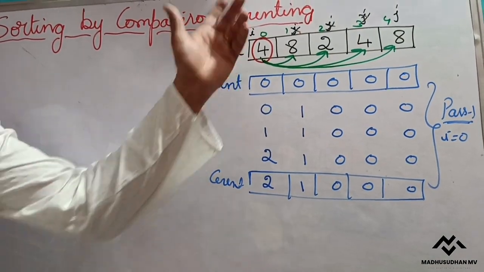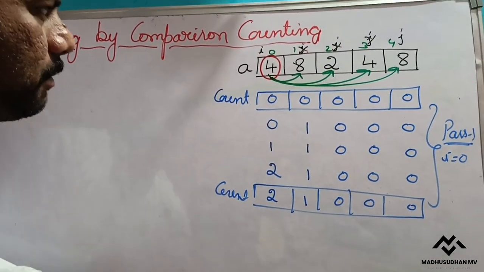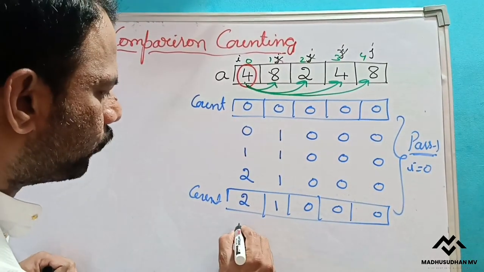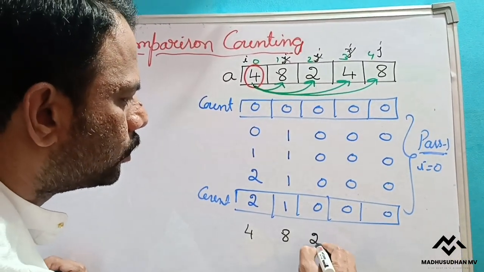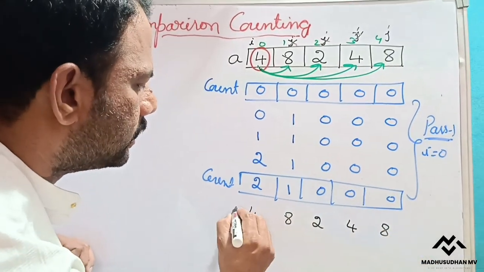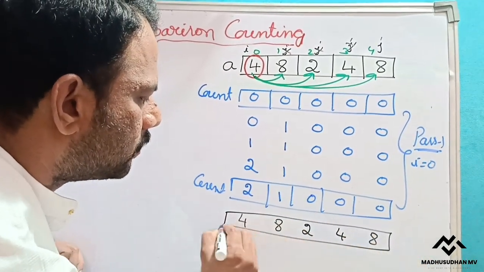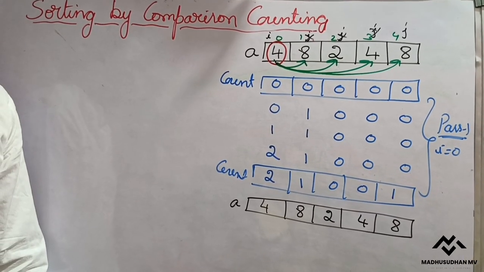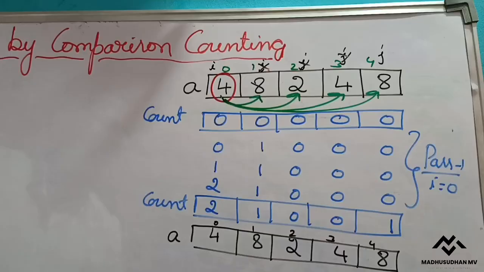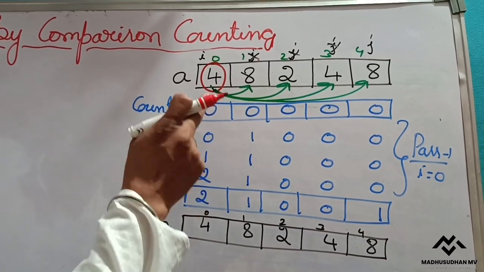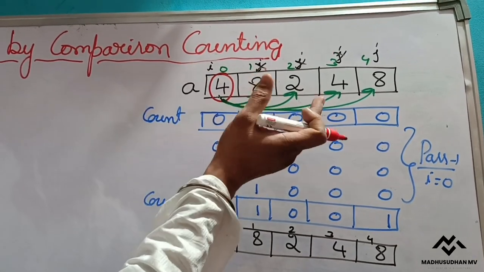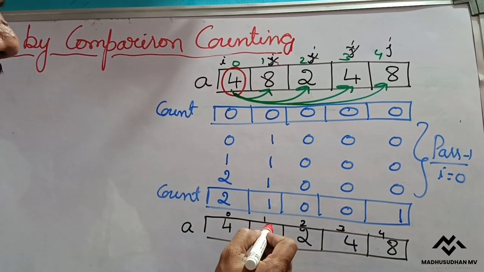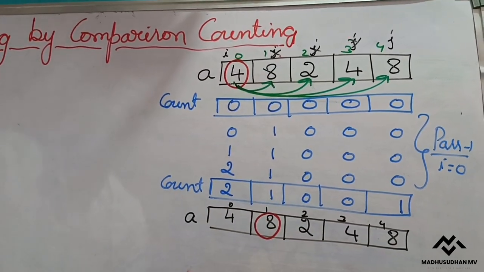Similarly, now I need to do the same for the remaining elements. The given array is again 4, 8, 2, 4, 8. Next I find out how many elements are lesser than 8.